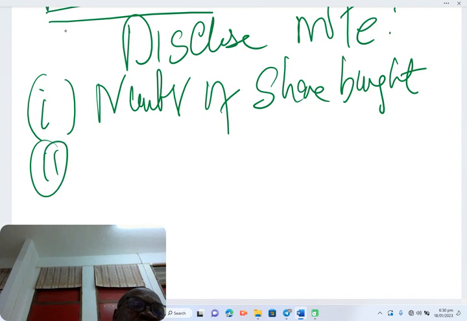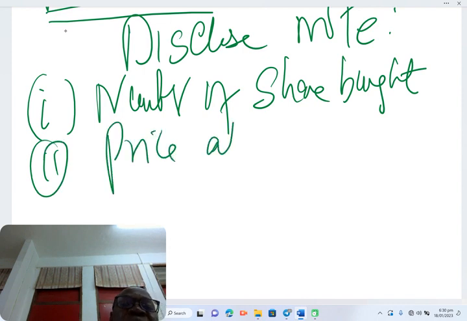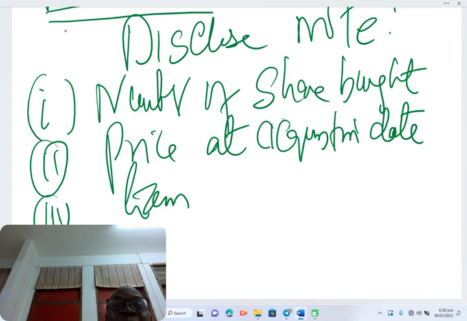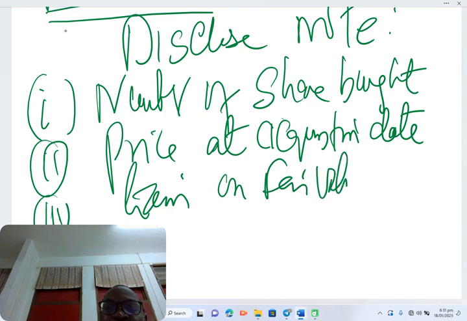You have to disclose the price at acquisition date. Again, you have to disclose any gain on fair value.